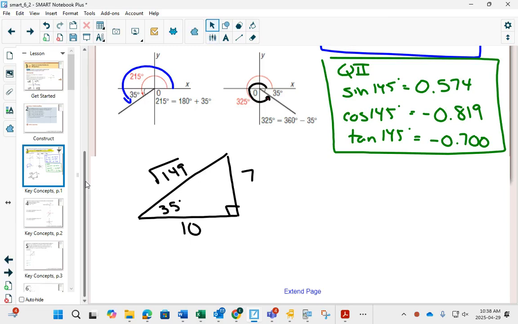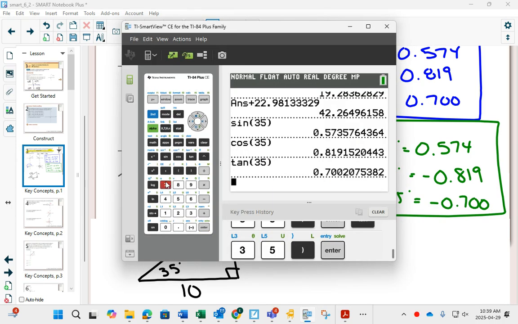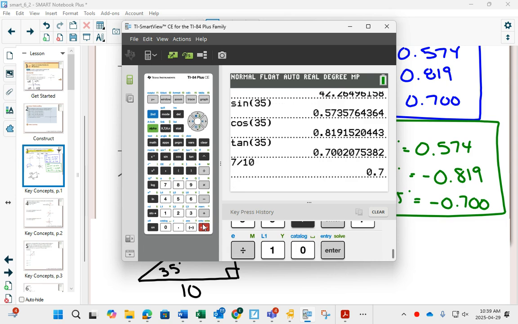And when they asked, what is tan of 35 degrees? SOHCAHTOA says tan is always the opposite side over the adjacent side. So if they measured 7 and 10, what is 7 divided by 10? Pretty darn close to 0.7, eh? Of course, they probably measured even closer.